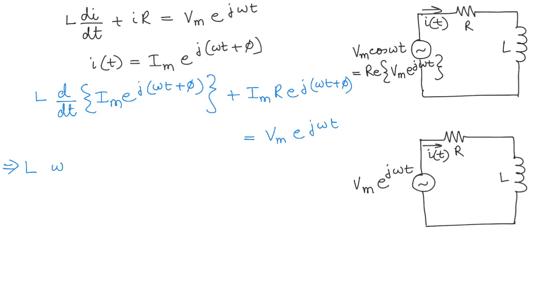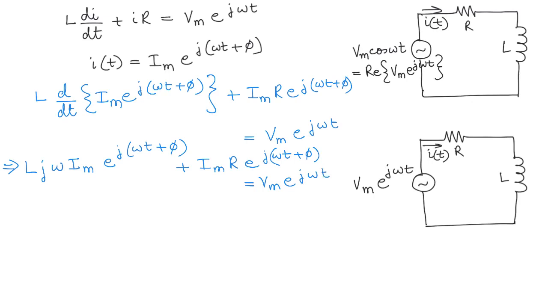You would get omega Im, and then you get a j as well, and you have e to the power j omega t plus phi, plus Im R e to the power j omega t plus phi, and that's equal to Vm e to the power j omega t.